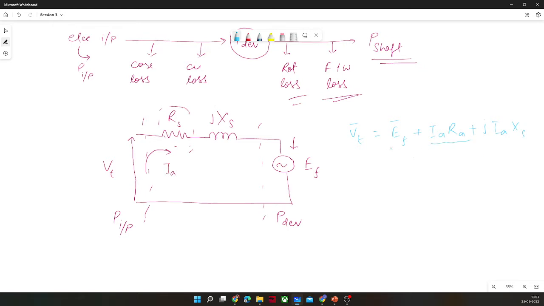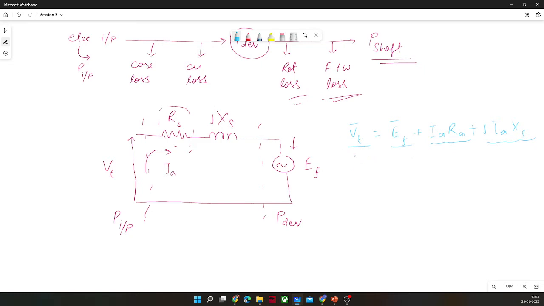This is the resistive drop. This is armature or synchronous reactance drop. This is excitation EMF, which is responsible to establish the flux or field inside the machine. And this is input.